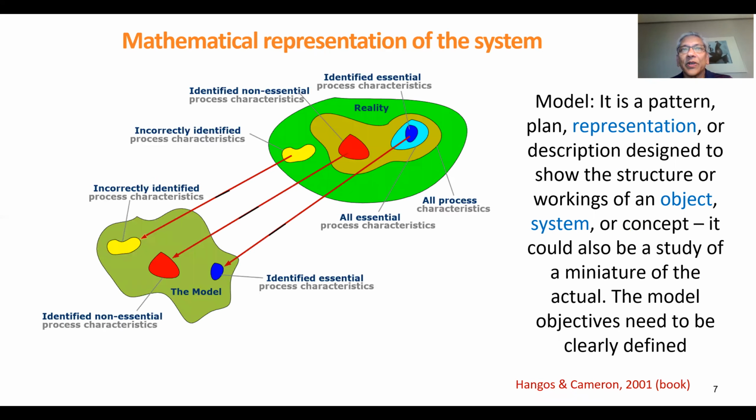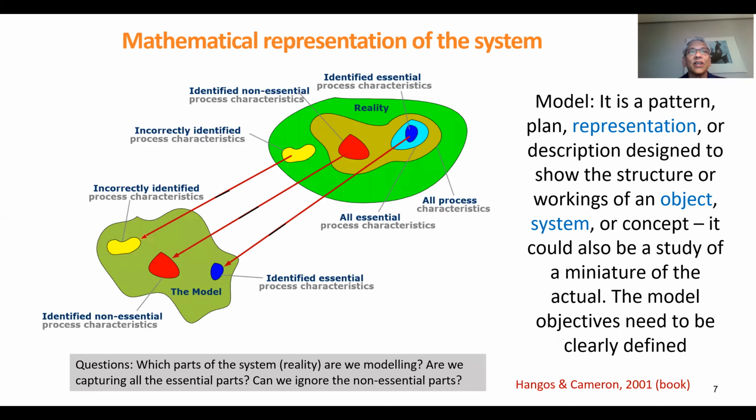From this figure, which is also taken from the book, one can see that on the top, the reality is the system. At the bottom, we have the model, which is a representation of the system. The question is, what are we capturing in the model? Are we capturing all the essential parts? Are we sure that we are not making any mistakes? Are we identifying all the required characteristics?